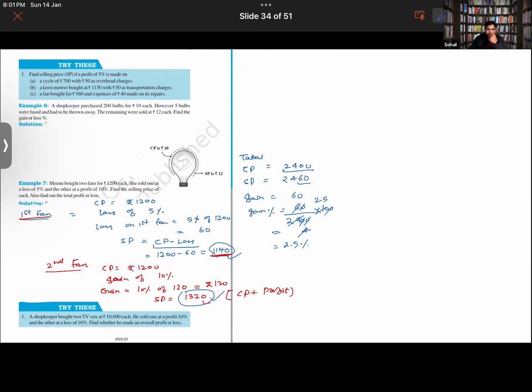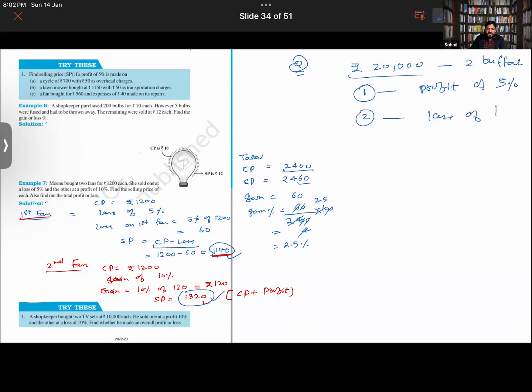See, there is a question. For example, a milkman sold two of his buffaloes for rupees 20,000. Two buffaloes are sold at this price, total price. On the first one he had a profit of 5%. When he sold the first buffalo, he had a profit of 5%. While the second buffalo was not very healthy, so there was a loss of 10%.